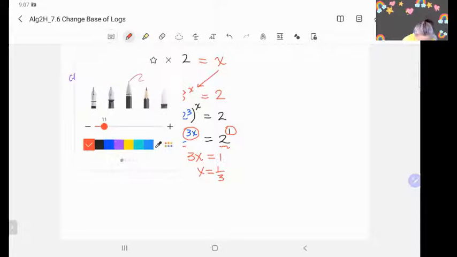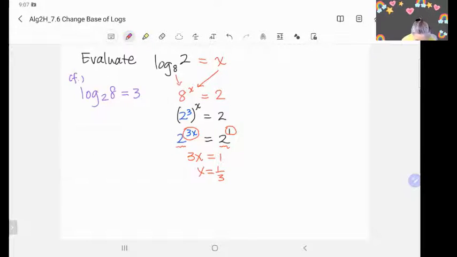Then conclusion, now we have log base 8 of 2 is not 3, what? 1/3. Good? Okay. Then this could be very helpful to do some of the practice problems, okay?